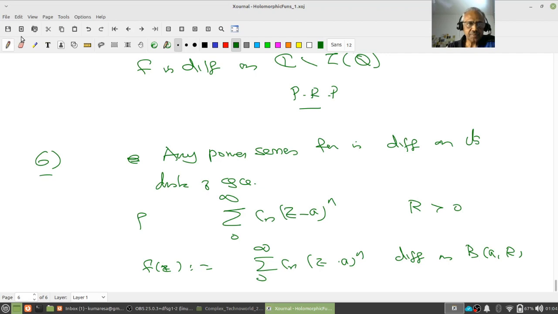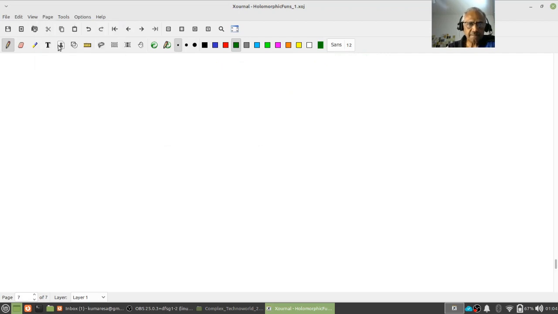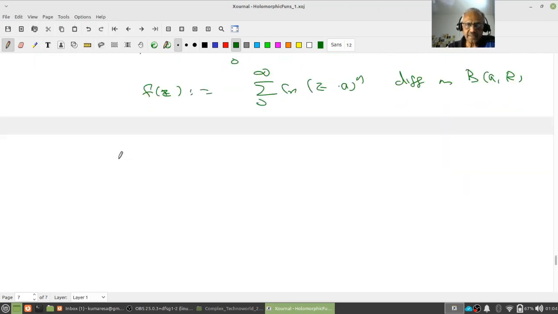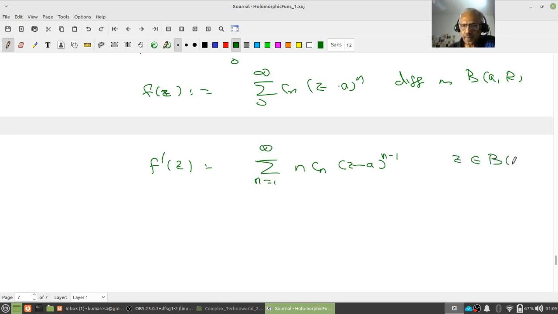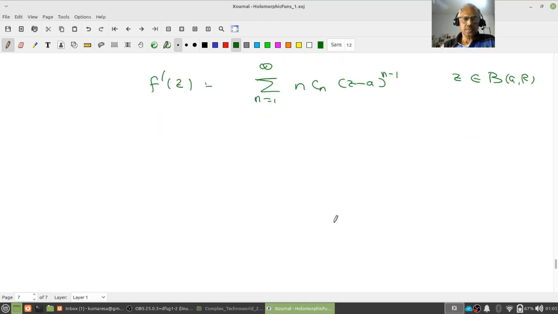Therefore this is differentiable. Okay. And what is the derivative? We also know the derivative is nothing other than n cn z minus a to the power n minus 1, where n is from 1 to infinity.